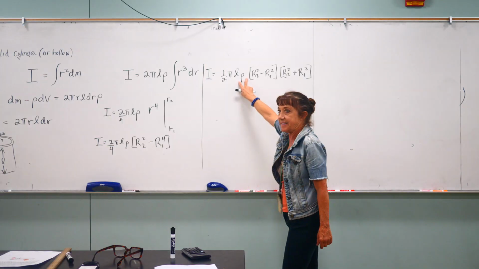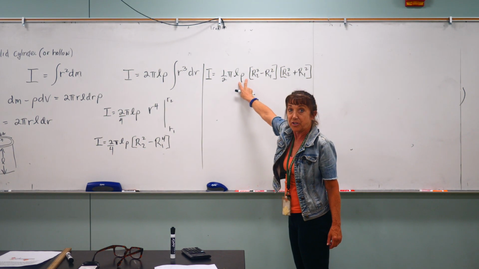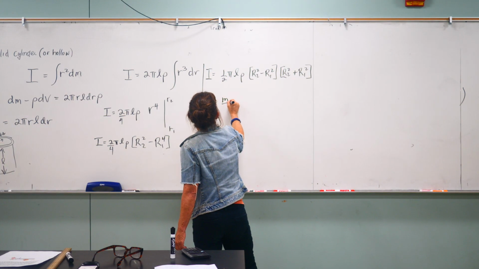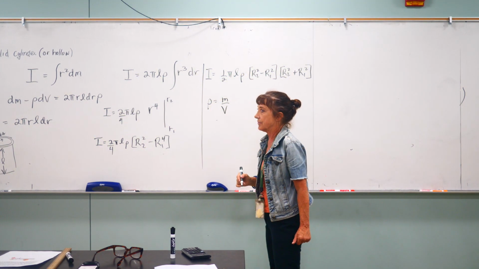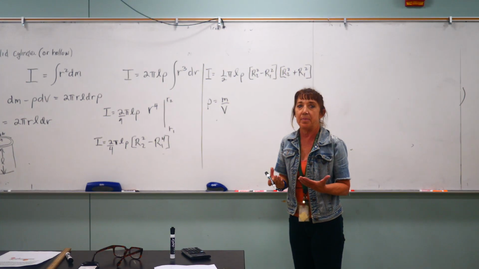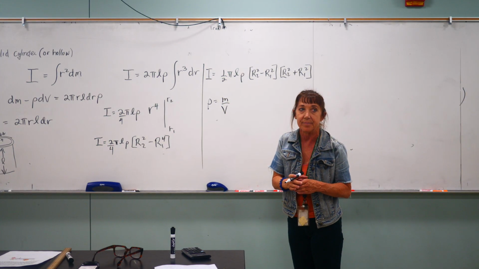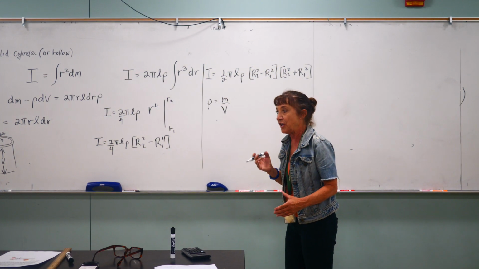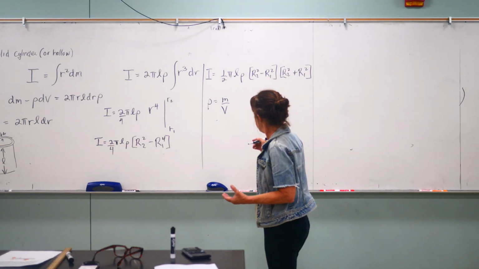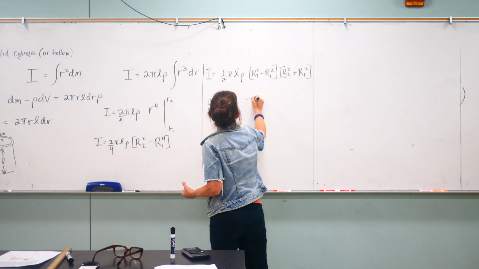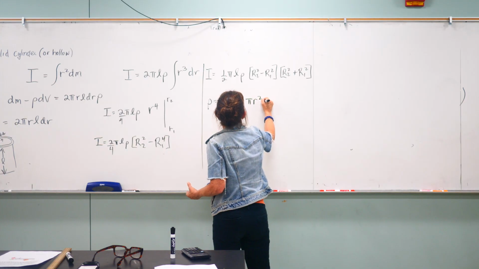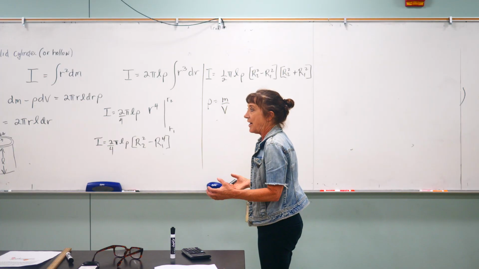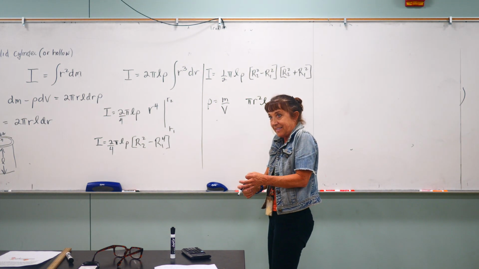Now to get rid of this rho, this is an expression for density. Rho equals mass over volume. Now we're talking about not the volume of a soup can, but the actual volume of a cylinder. It's different. The volume of a cylinder is pi r squared L. But if it's hollow, you have to subtract that little inside bit.